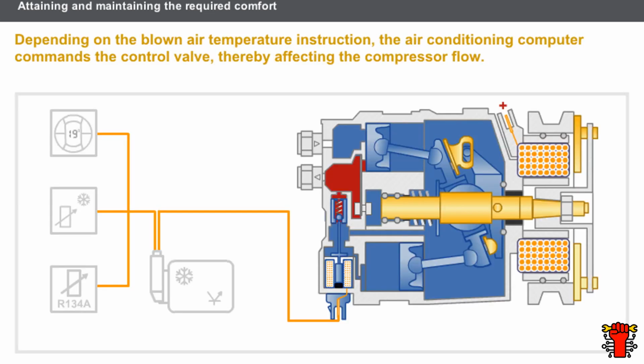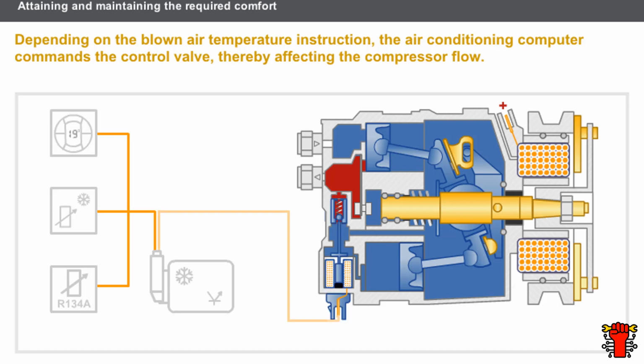We shall now look in detail at the control of the electric control valve of a variable capacity compressor. The air conditioning computer calculates the power absorbed by the compressor using the information from the refrigerant pressure sensor. The computer also analyzes the evaporator temperature. Depending on the blown air temperature instruction, the computer uses its analysis to detect whether to increase or decrease the compressor flow.